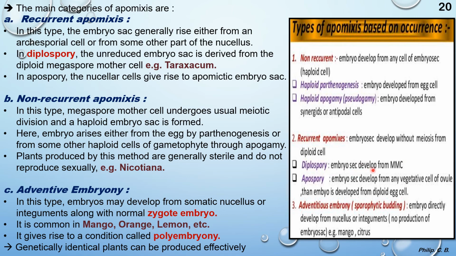Diplospory: the embryo sac develops from the MMC, the megaspore mother cell. Apospory: the embryo sac develops from any vegetative cell of the ovule. Then the embryo develops from the diploid egg cell. Third type, adventitious embryony, as we learned, is sporophytic budding. The embryo directly develops from the nucellus or integuments, with no production of an embryo sac. Example, mango, citrus. So it is just a short form of what you have learned.